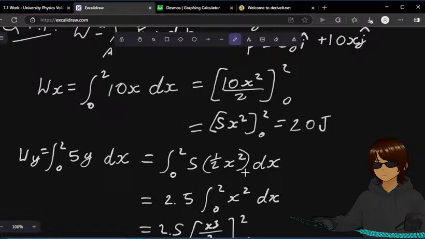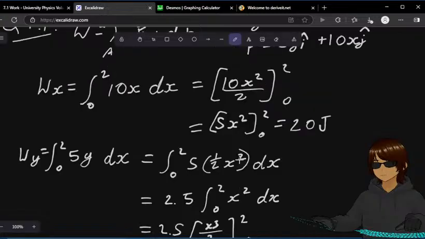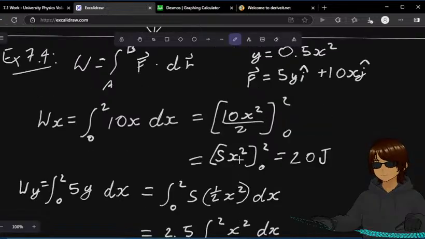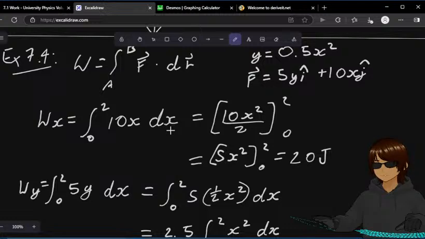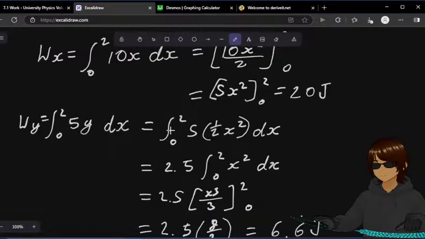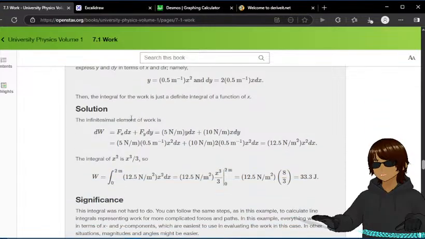We have this. Okay, I was wrong apparently. The infinitesimal element of work is f of x dx and f of y dy.